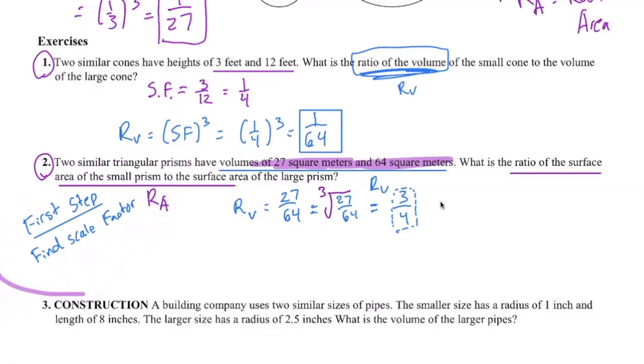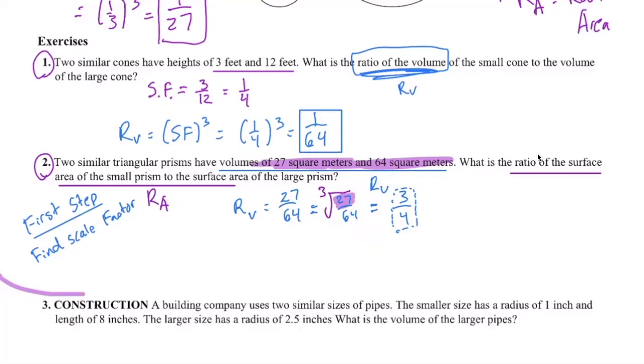But if you can't, then 99% of the time you should be able to take the cube root cleanly. Taking the cube root of this ends up being 3/4. The cube root of 27 is 3, and the cube root of 64 is 4. So this is your scale factor here.